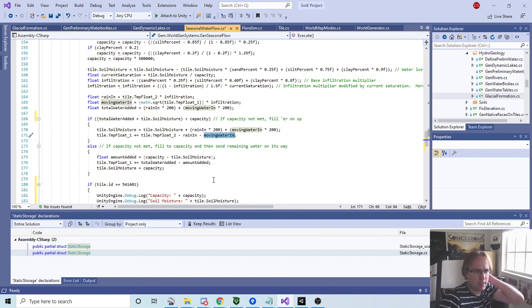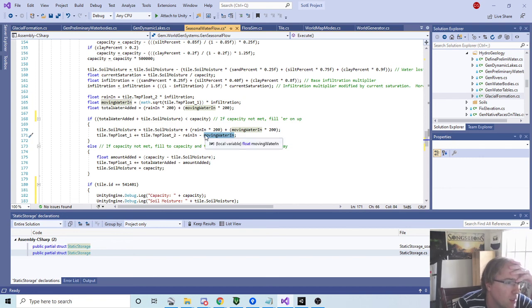No, this is not. So here we're adding moving water in. Rain in is temp float 10 times infiltration.